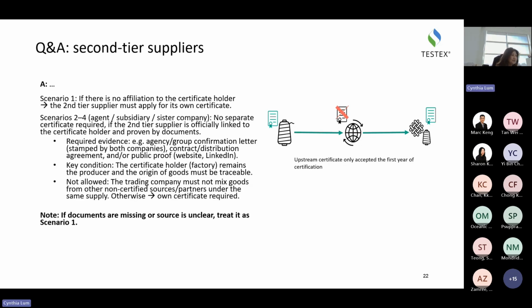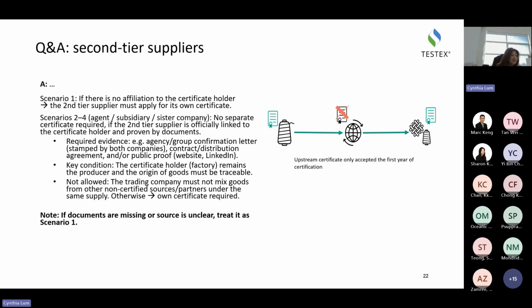So in scenario 1, if there's no affiliation to the certificate holder, the second tier supplier must apply for its own certificate. In scenario 2 to 4, agents, subsidiaries, sister companies, no separate certificate is required because they are affiliated. The second tier supplier is officially linked to the certificate holder and is proven by documents.